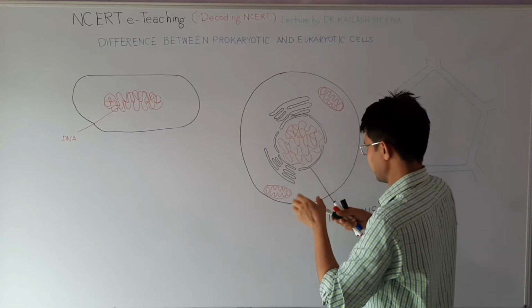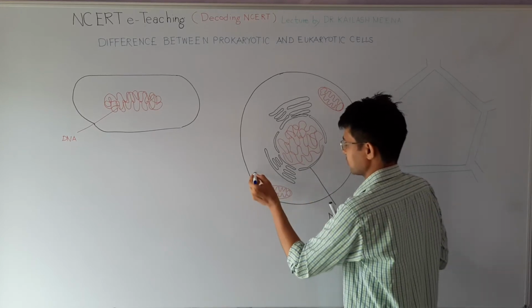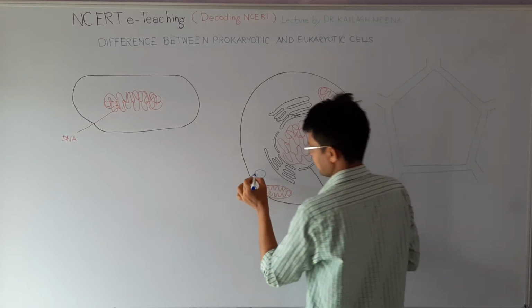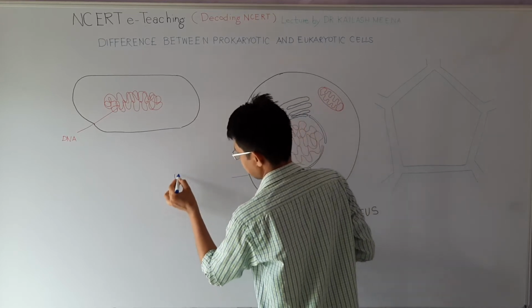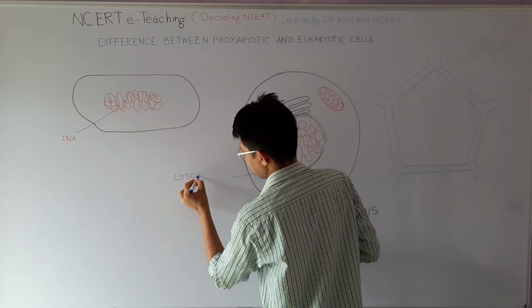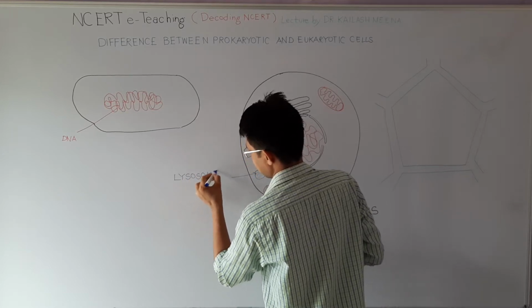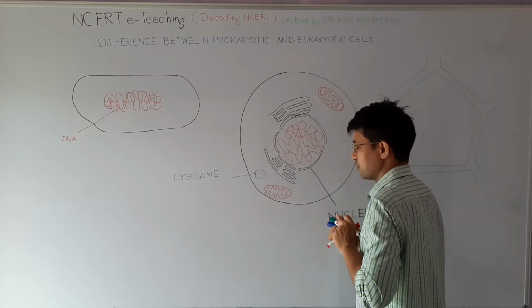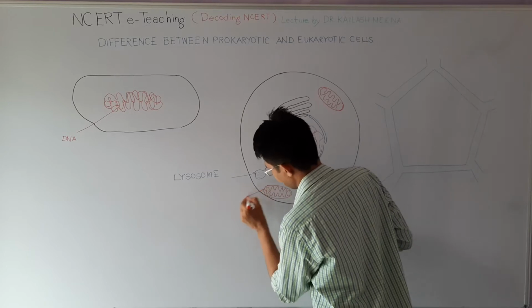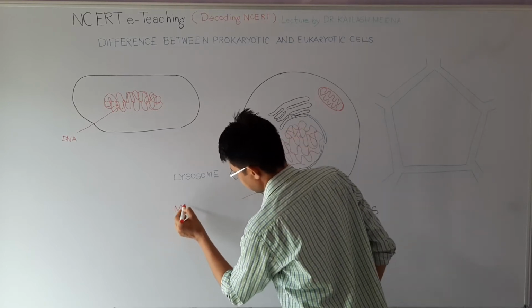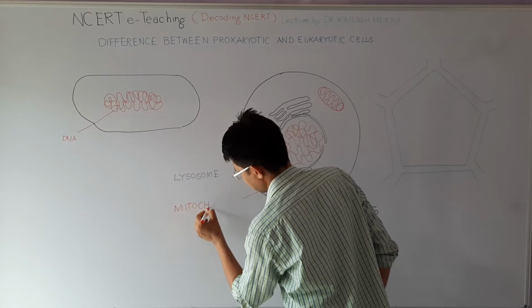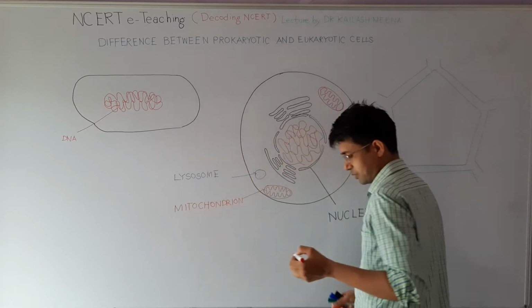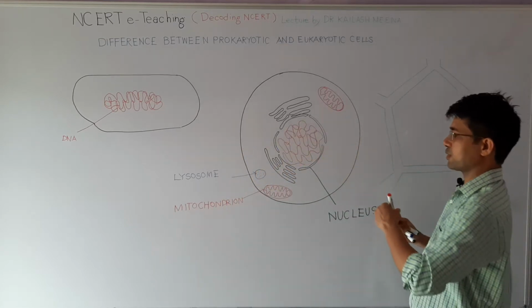For example, it has a lysosome for lysis or degradation of unwanted materials. It has mitochondrion, plural mitochondria, for production of energy. Singular mitochondrion, plural mitochondria. So it has several mitochondria for production of energy.